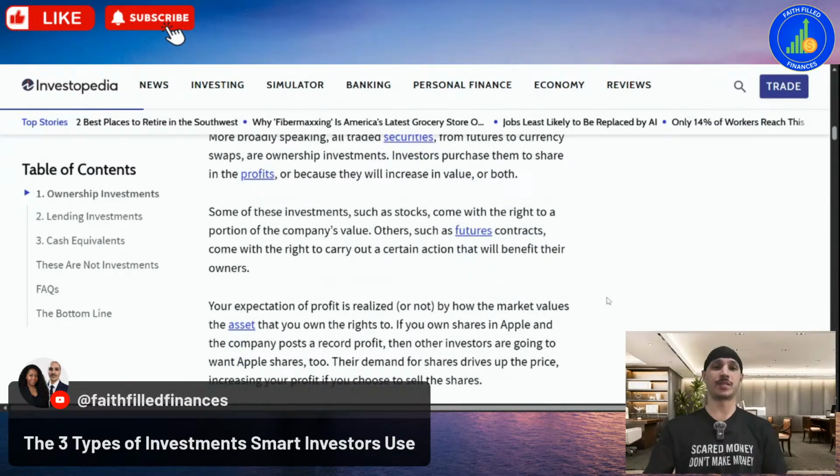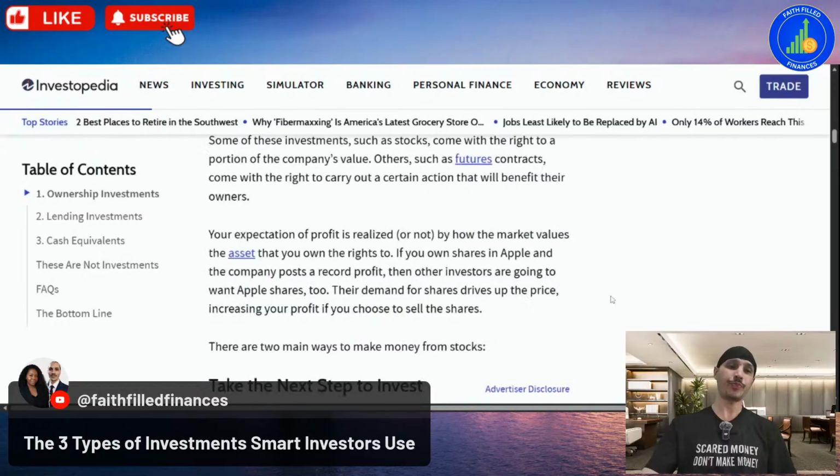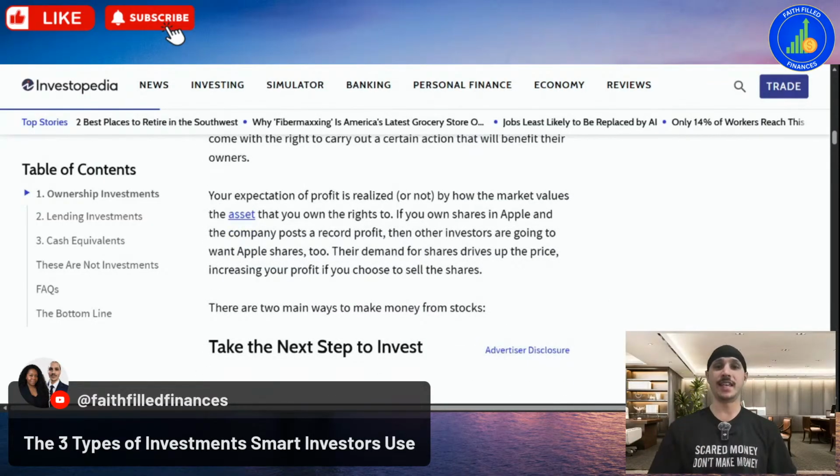Some of these investments, such as stocks, come with the rights to a portion of the company's value. Others, such as futures contracts, come with the right to carry out a certain action that will benefit their owners. Your expectation of profit is realized or not by how the market values the assets that you own the right to.